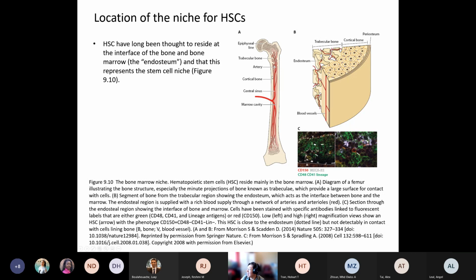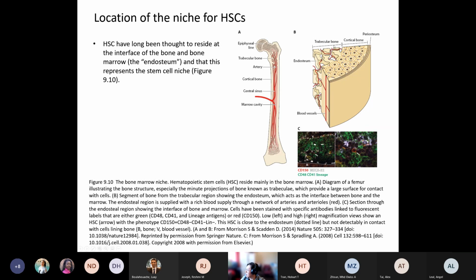You have vessels, arteries. You also have this structure called the central sinus, or the branched sinus. What is a sinus? Sinus is just the blood vessels in the bone. They're not actually blood vessels, but they serve the same purpose. They form a cavity, they have membrane, so blood can circulate there. That's the special structure of vessels. They're just a similar structure called sinus.